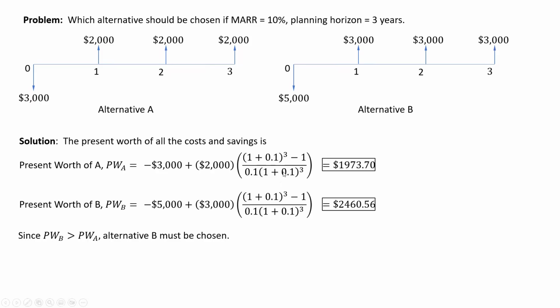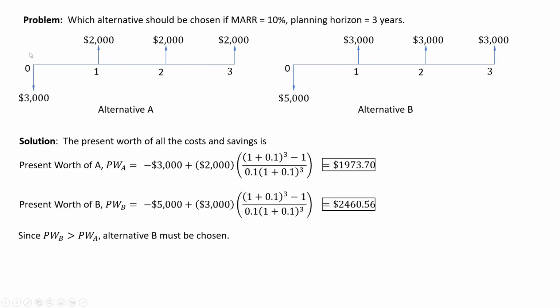Interest rate is 0. Aha. Then, how do we interpret this first one? First cash flow diagram. Negative 3,000. If you push this back by 1 year, what would its value be? It's a plus 2,000 at t equals 1.